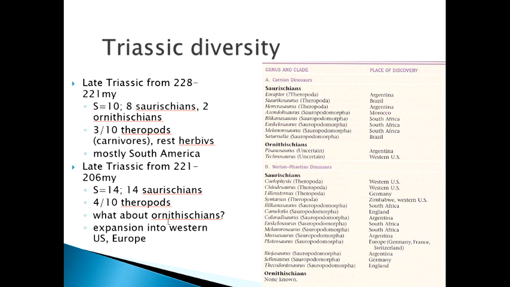But what about ornithischians? Well, a few, perhaps. But most importantly, we see that these things have already expanded across Pangaea, other side of the globe, really, from South America, and now they're up in Europe and in the United States.